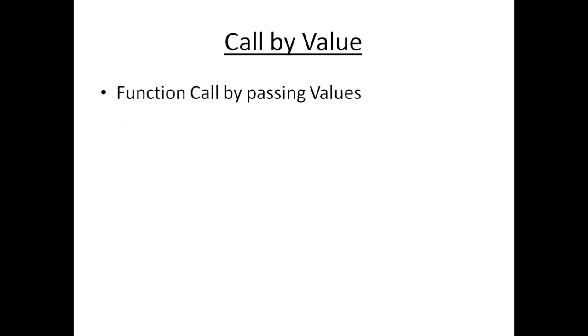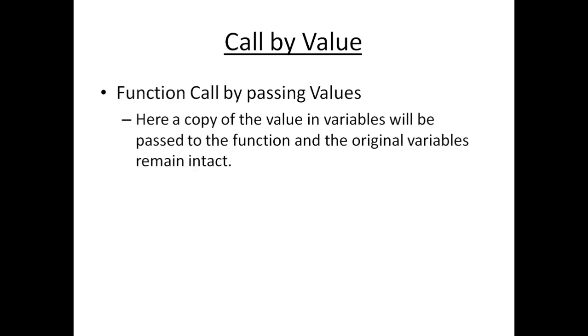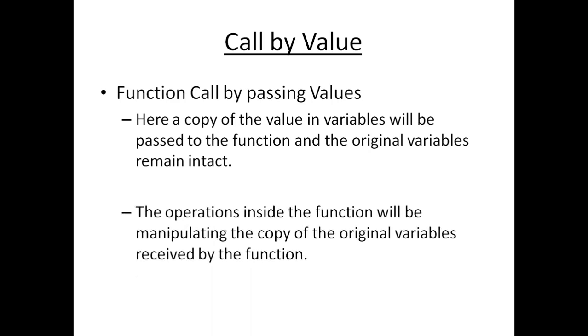So the first one we are going to talk about is call by value. So the function call is by passing values. What we do here is we will be sending a copy of the value we want to manipulate into the function, and the function will be manipulating the copy only, which means that the original value we have in the variable will remain intact.